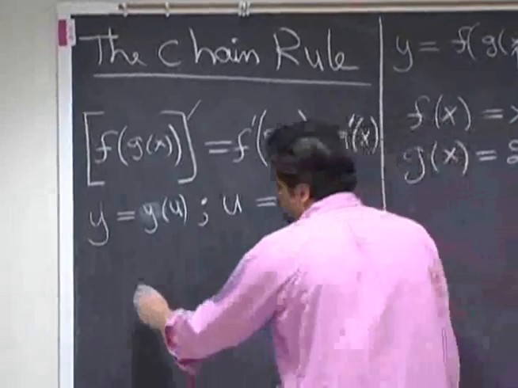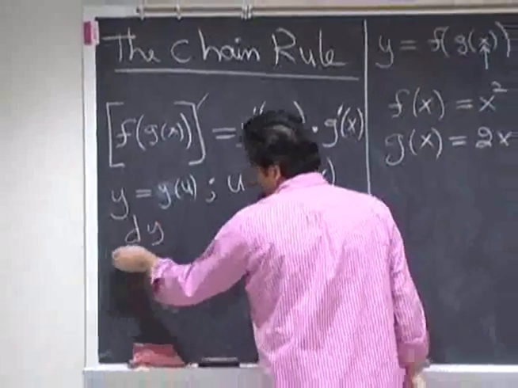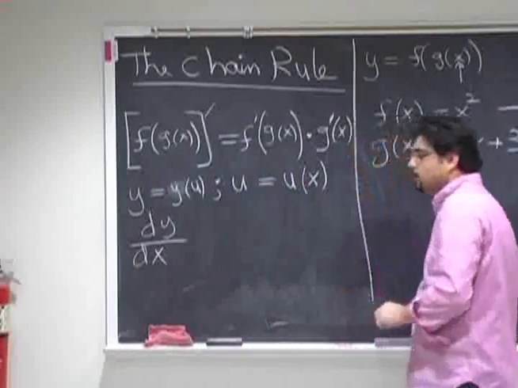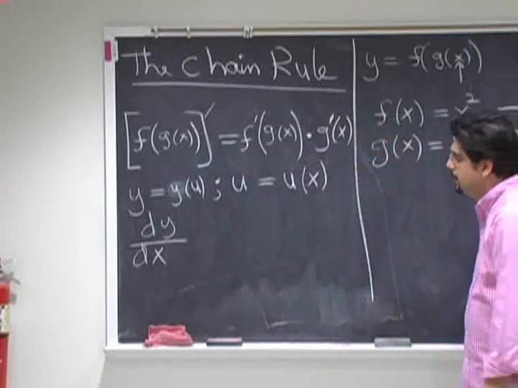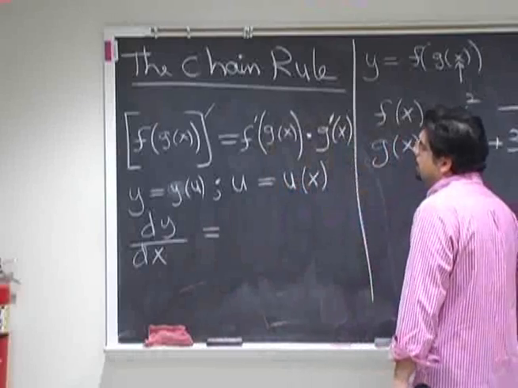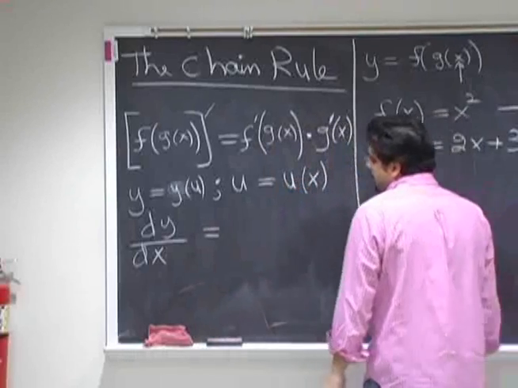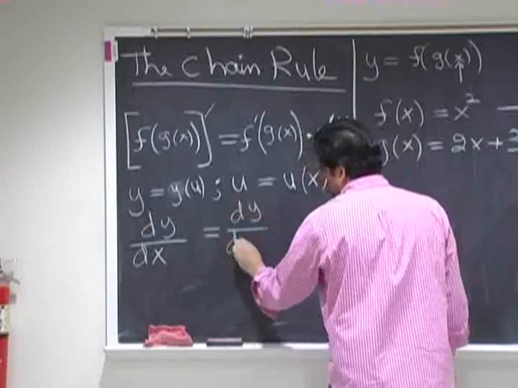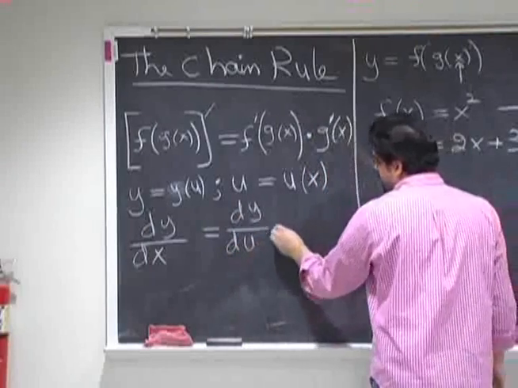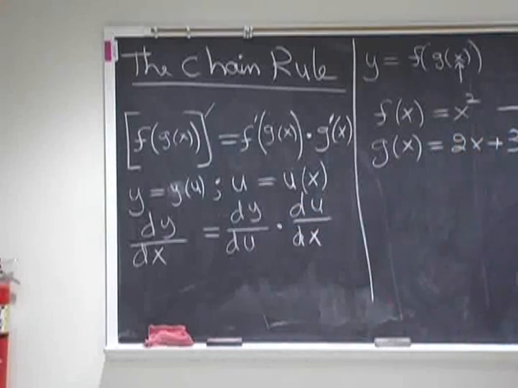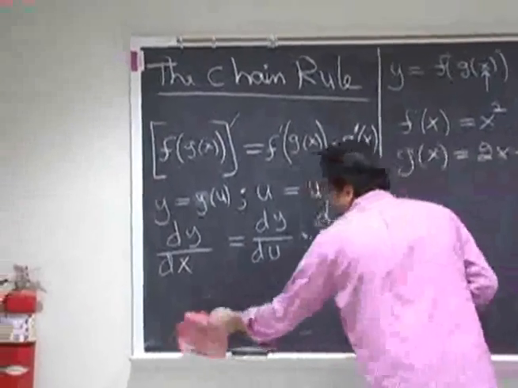So I'm probably going to want to be able to calculate the rate of change of y with respect to x, because that's the independent variable. And according to this rule, what I could do is I could just take the derivative of y with respect to u times the derivative of u with respect to x. Okay.